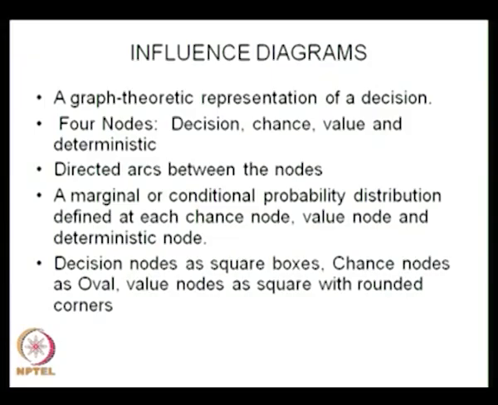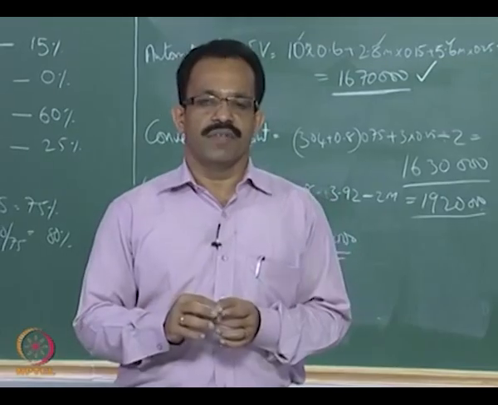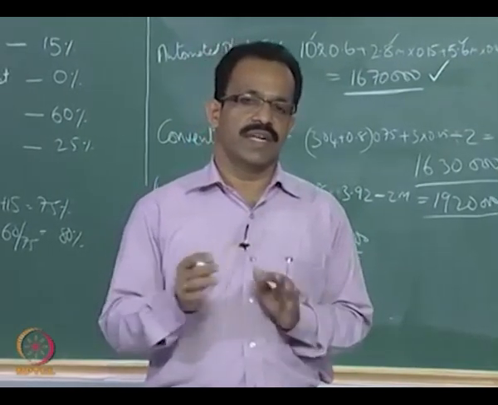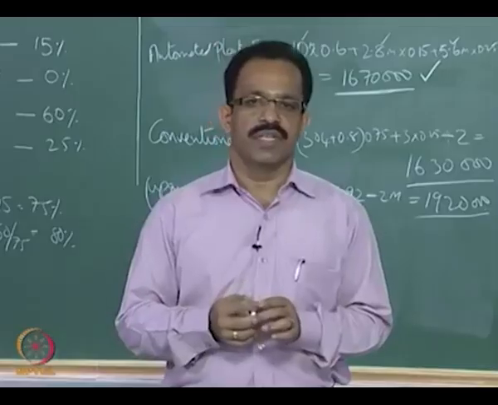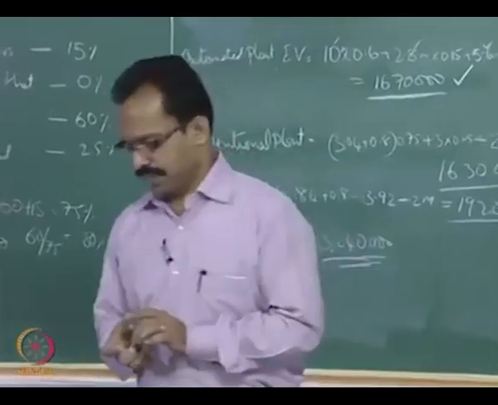So this is how we represent the influence diagram using these nodes. I will take a few simple examples and explain how we use the influence diagram to represent the dependency of various decisions, and how the interrelationship and the directed arcs represent the relationship in the influence diagram.